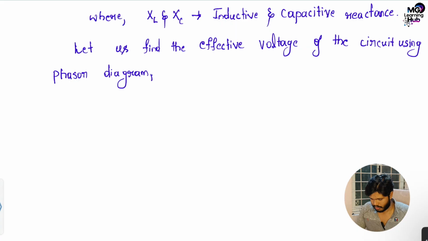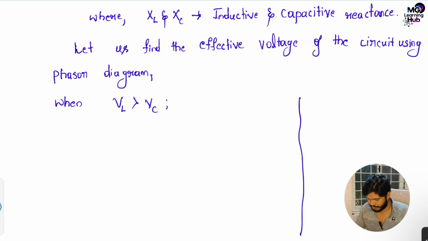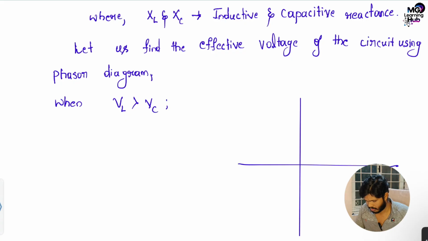Now for the case when I am taking the case VL is greater than VC ಅಂತ ತಗೋತಾ ಇದ್ದೀನಿ. ಸೊ ಫಸ್ಟ್ ಫೇಸರ್ ಡಯಾಗ್ರಾಮ್ ಬರ್ಕೊಳ್ಳೋಣ. This is V part, this is I part, VI diagram. Now ಇಲ್ಲಿ VL ಬರುತ್ತೆ, and this side will be VC and this side will be VR.